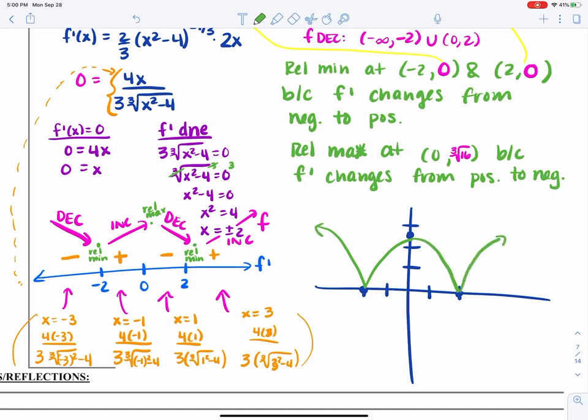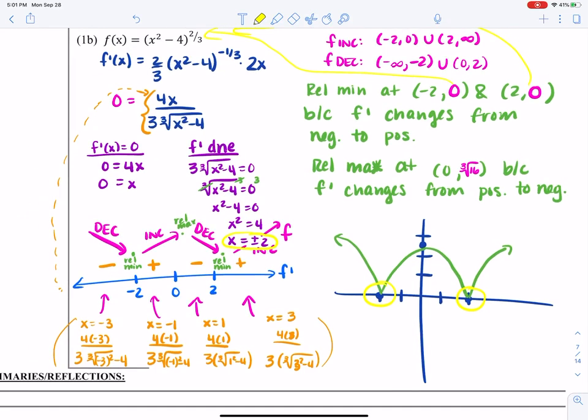And you might be wondering, Miss Lowry, why did you draw these with a cusp? I drew them with a cusp because I know that the derivative has to be undefined there. So I made them have some sort of sharp turn so that the derivative would be undefined. So that is all of our information for this graph.